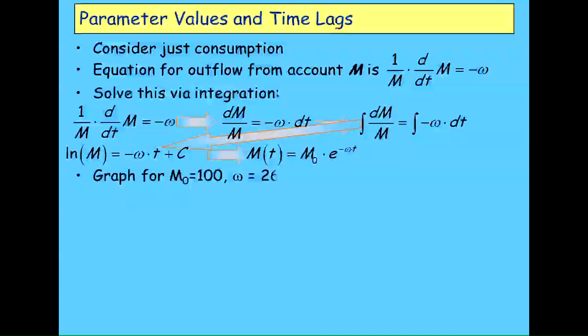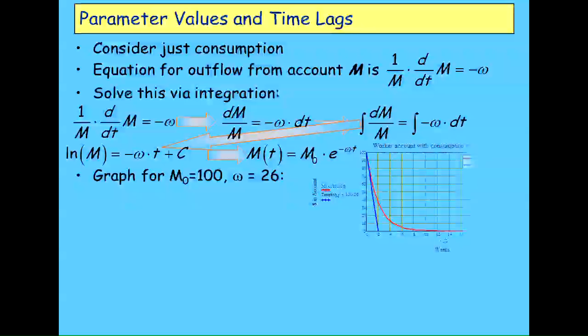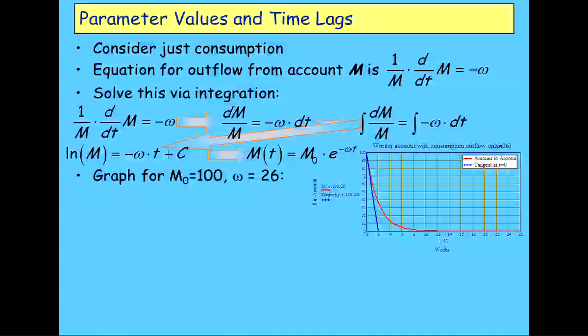Now, if I set m0 equal to 100 and omega equal to 26, this is what I get. I've drawn the red line as the actual amount of money in the account over time. The blue line is the tangent. And notice the tangent, if you've really got eyesight there, just crosses the axis at the value of 2 weeks, which is 1/26 of a year.